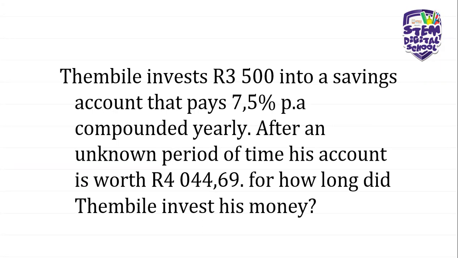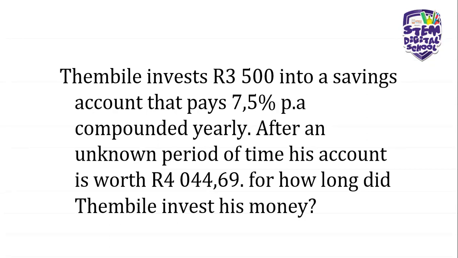This is the principal amount, also known as P. So P here is 3,500 rand. Now you also identify A, which is the accumulated amount or the accrued amount. The accrued amount in this case will be 4,044 rand and 69 cents.